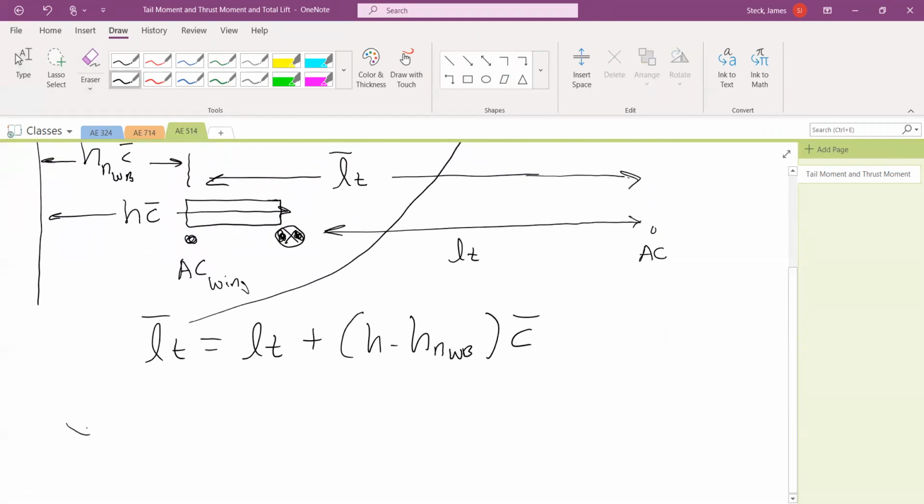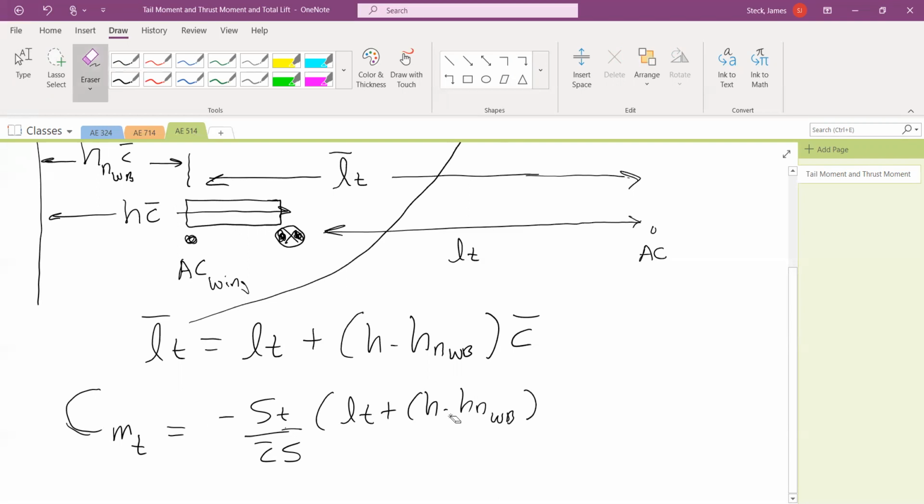So then we end up with CMT is, where we solved for this, sorry, to substitute up there.